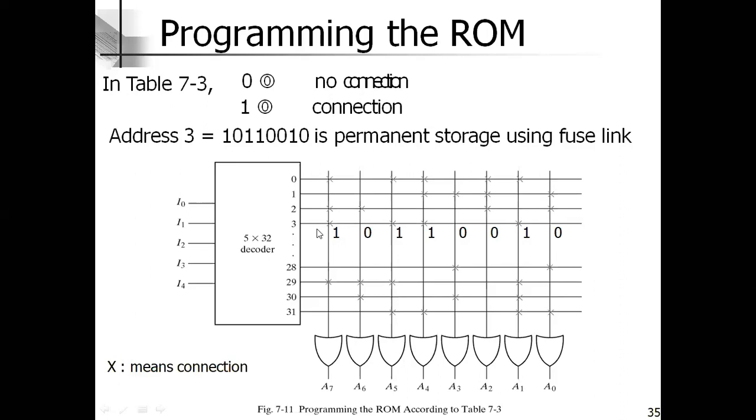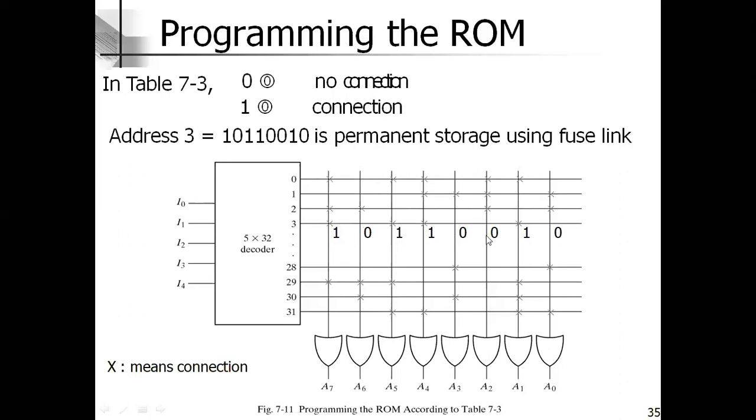Here I will make a fuse link. If it is 1, we have to give that link; if it is 0, no need to give that link. Here 1 is there, so I give the connection; here 0, there is no connection.